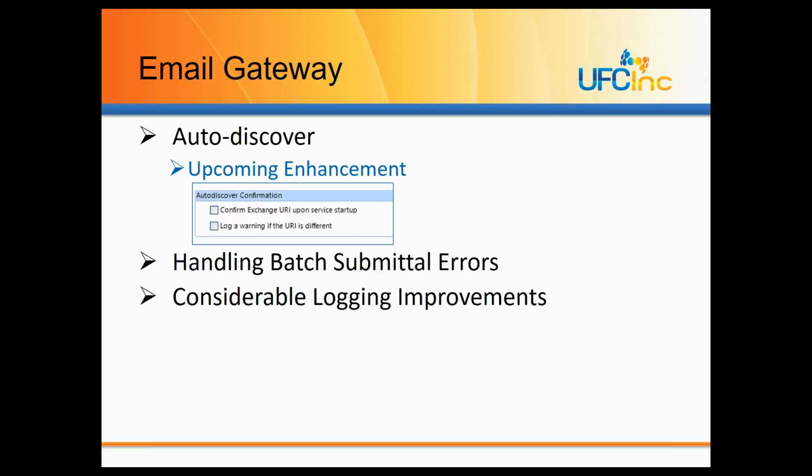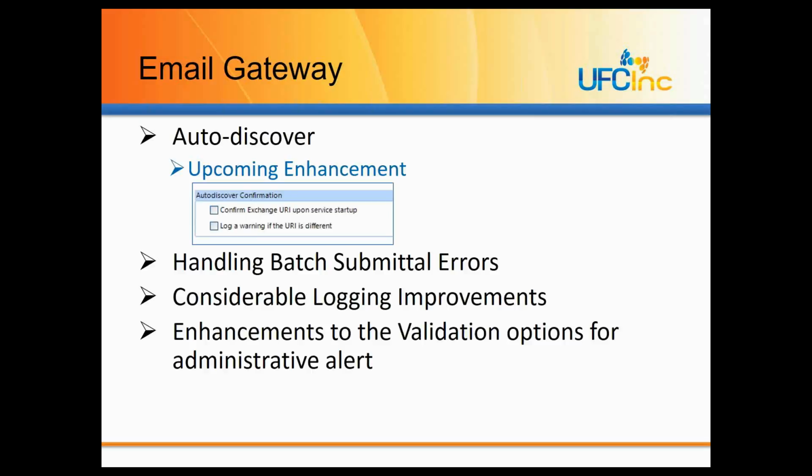There are considerable log improvements to the product, and that's not necessarily something we're going to share with you today, but if you are not updated on the latest Email Gateway, make sure you are, and make sure that you understand what the product's doing. These logging improvements will make it much, much easier to manage the product. We also have enhancements to the validation options for administration alerts, and Ed's going to share a little bit more with you when we go through the demo.